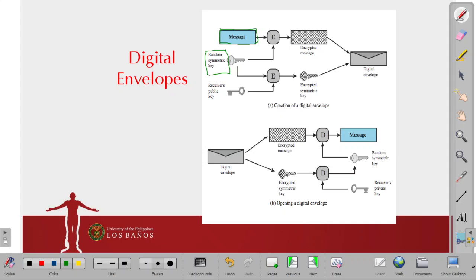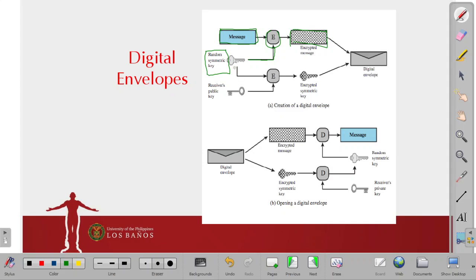So the idea here is you're going to use a temporary symmetric key that you will use for a single session, and you would like to send that symmetric key to the other end. So this is similar to Diffie-Hellman. But the idea here is you have the message and you have a random symmetric key that you're going to use to encrypt this message, and you now have an encrypted message.